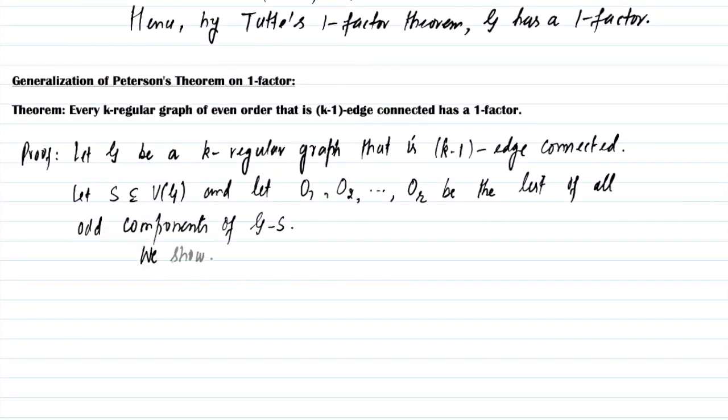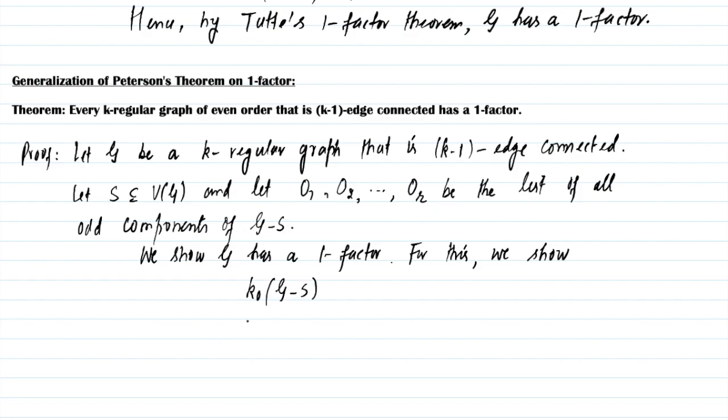For this we show the number of odd components in G minus S, which is taken to be equal to R here, is less than or equal to the order of S for all S contained in the vertex set of G. And then we shall again use Tutte's one-factor theorem to conclude the proof of this theorem.